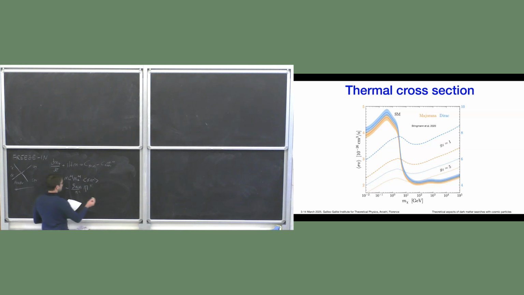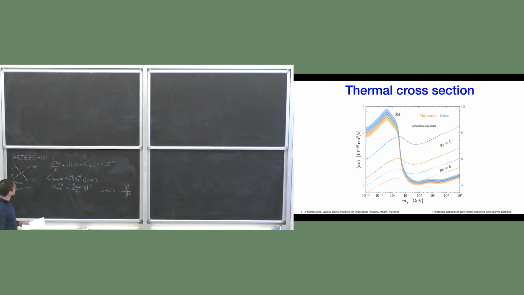For sigma v, we can take something simple that has 1 over energy squared, so 1 over T squared. And we include the coupling, lambda. So we have to constrain lambda. How much should lambda be to get the right relic density?